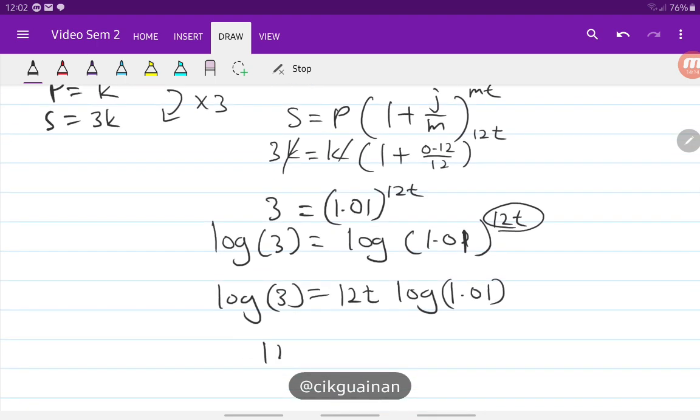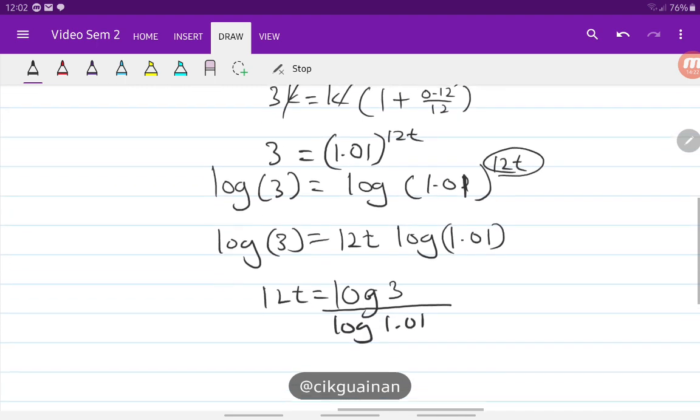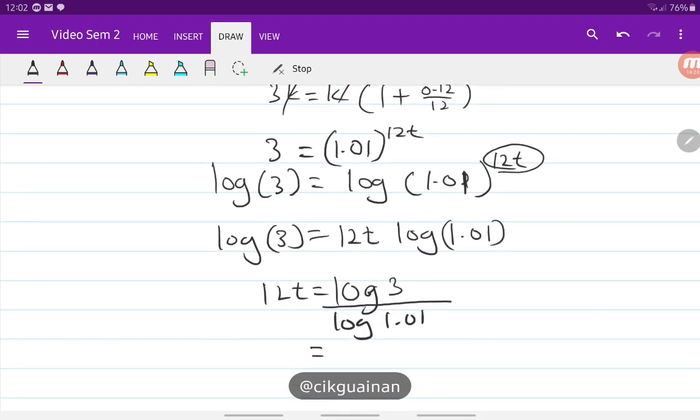So what we want is 12t equals log 3 over log 1.01. Then we get log 3 divided by log 1.01, and what I get is 110.409624.